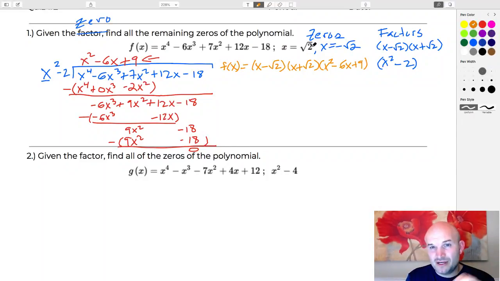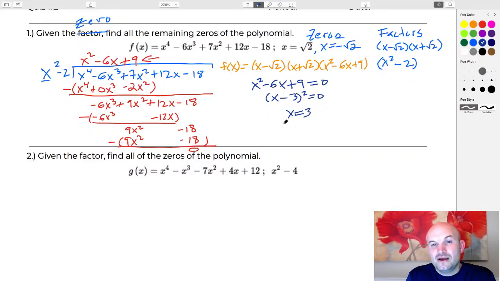So it's just important for us to understand the relationships between multiplication and division. But what's really important here, we already have our zeros. What's important about this is that it's a factor. And to find the remaining zeros, we just need to set our factor equal to 0. So we have x squared minus 6x plus 9 equals 0. And therefore we can see that this is going to be a perfect square trinomial, which is x minus 3 squared equals 0. So therefore the zero is x equals 3.